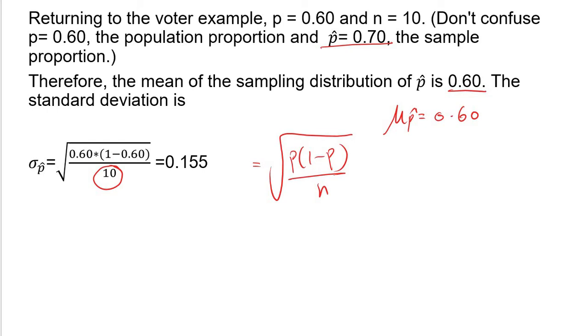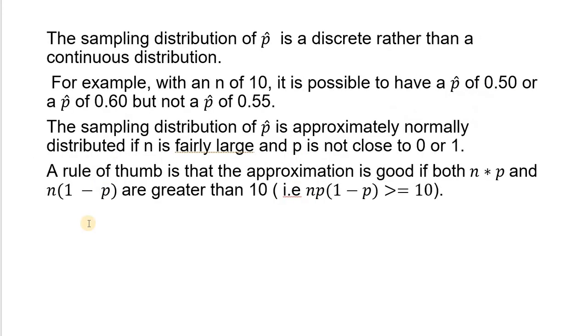Now that we have the mean and the standard deviation, let's see when the distribution of sample proportion is normal, when we can be 100% sure that it is normal, and the application of that. The sampling distribution of sample proportion is actually discrete rather than a continuous distribution.